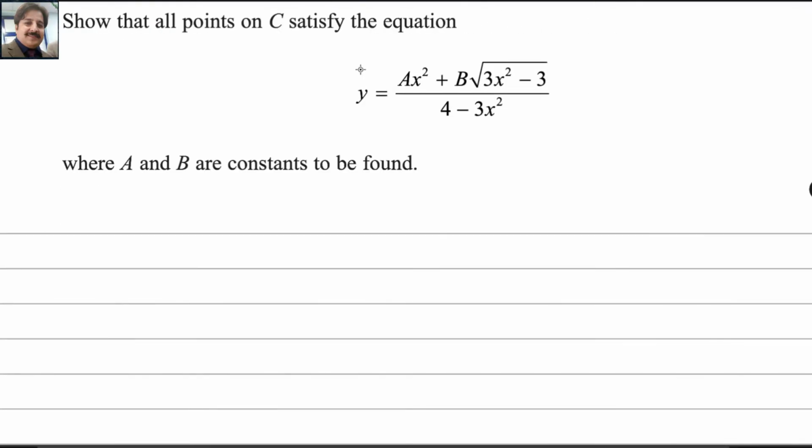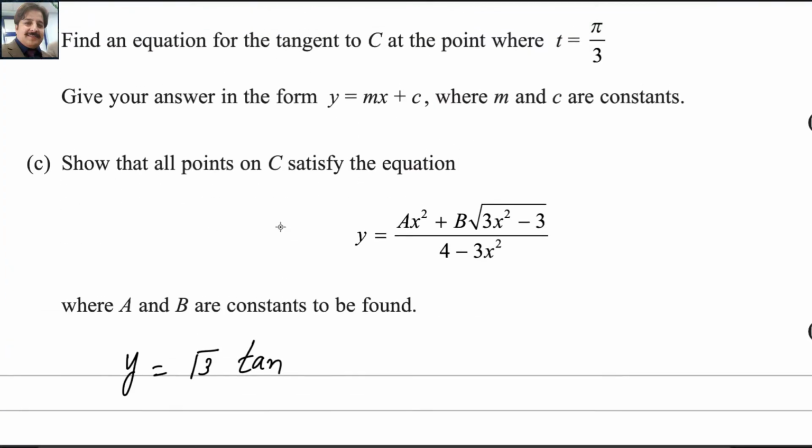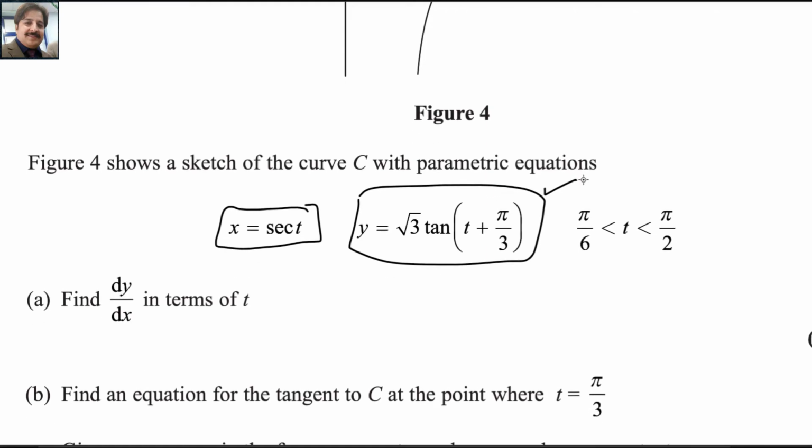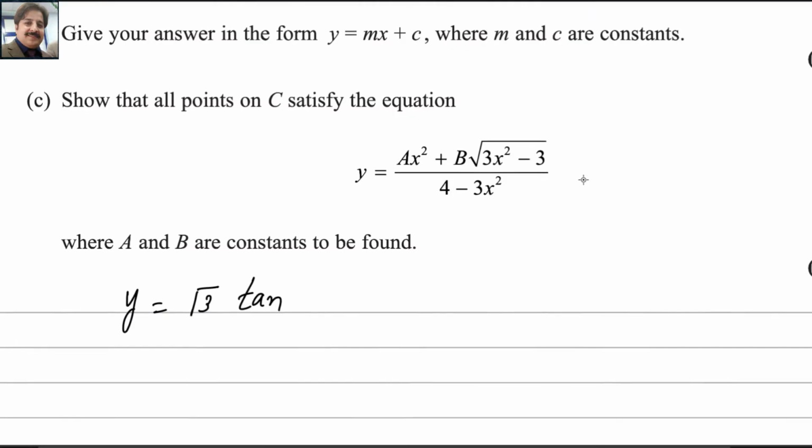So let us start with y. y is equal to square root 3 tan (t plus pi by 3).